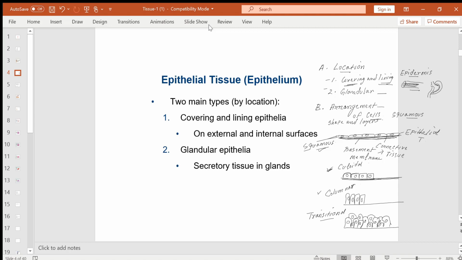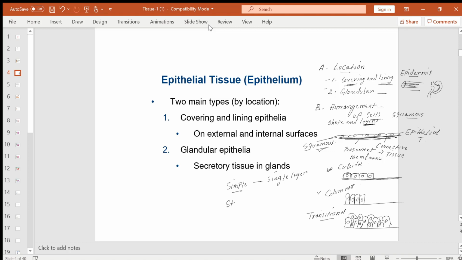Okay, now if you see the number of layers, so if you see a single layer, that means simple. So the term we use simple to indicate single layer. Okay, so if you see one layer, it is simple.